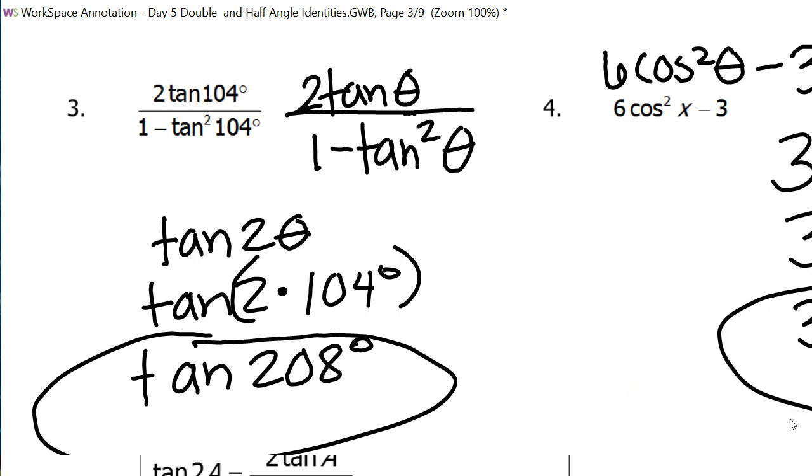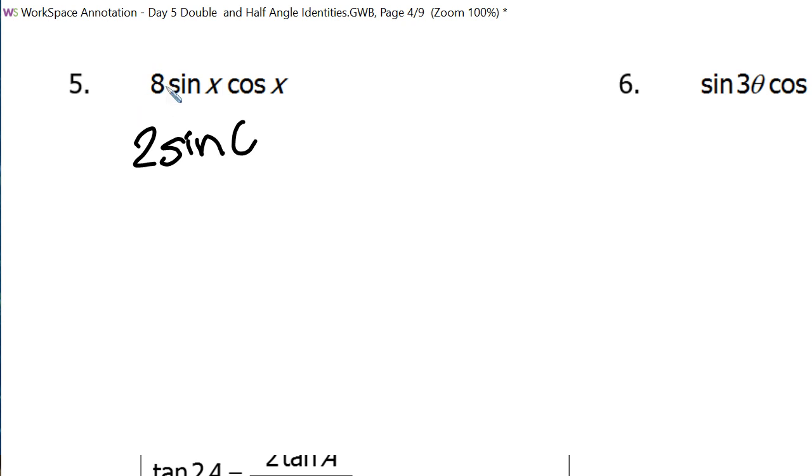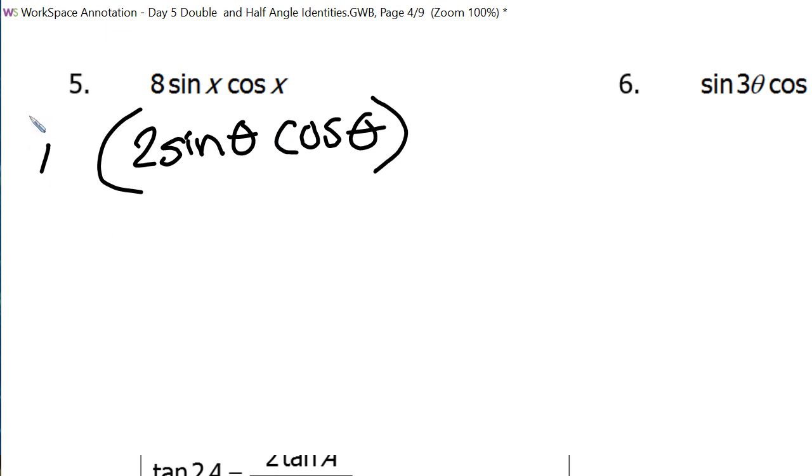Next one, number 5, we have 8 sine x cosine x. Is that one of the formulas exactly? No, but what formula does it look like? The first one. It looks like 2 sine theta cosine theta, but that formula was multiplied by what? 4.